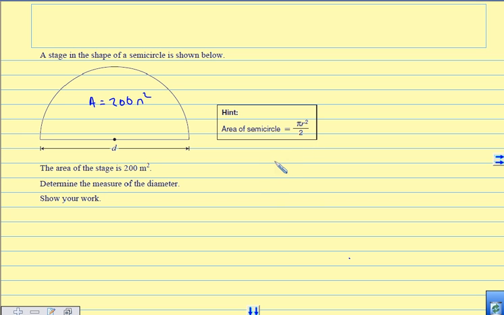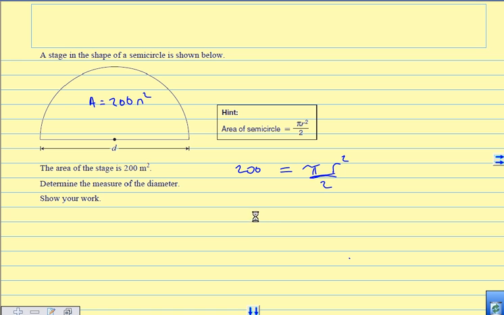So if we know all this stuff here, then that means we know that 200, the area of the semicircle, is equal to pi times whatever the radius is squared, all divided by 2.